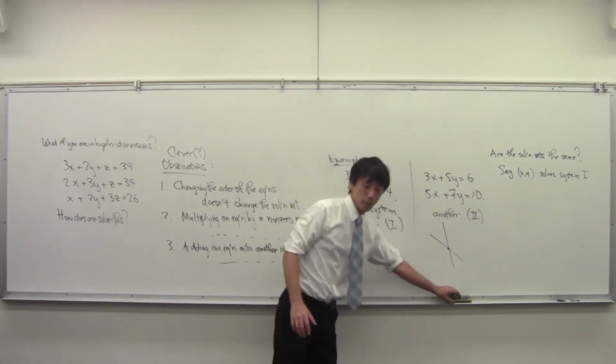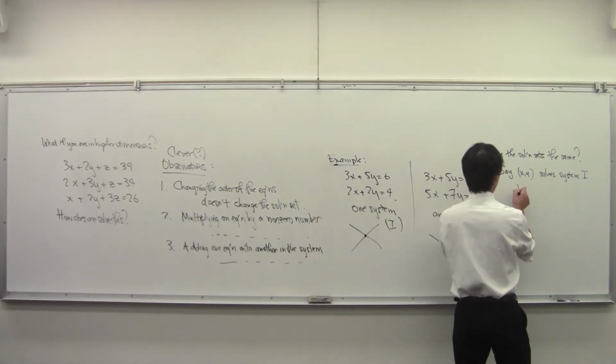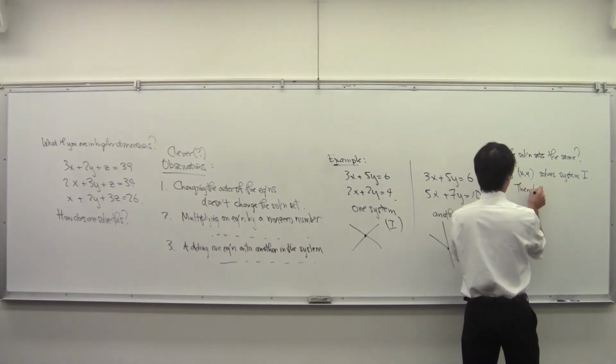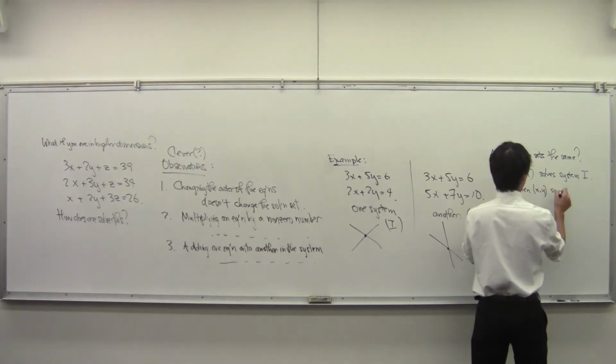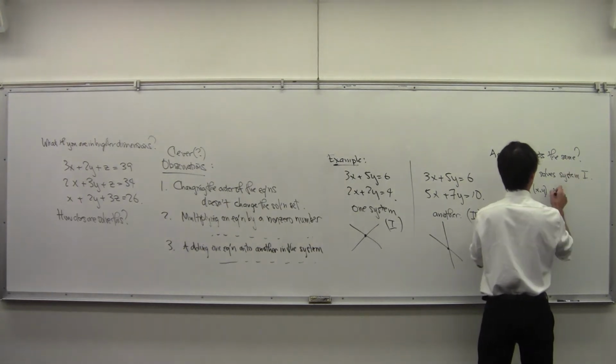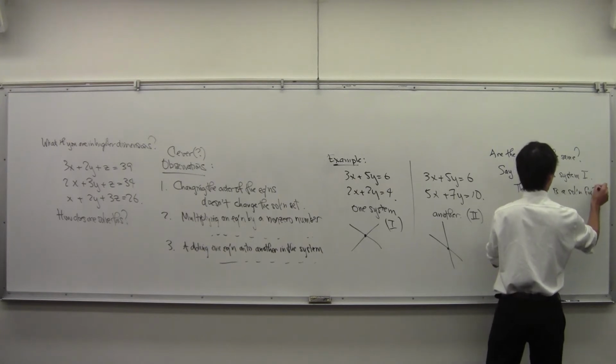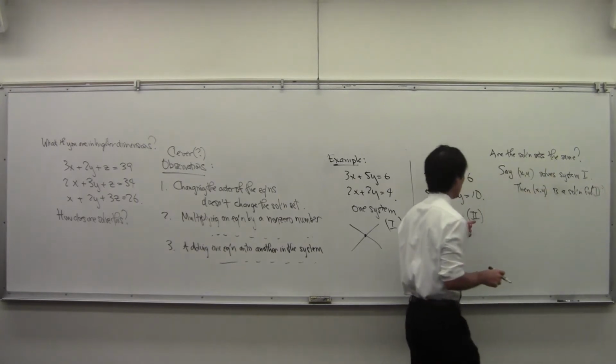Okay. So what we've seen is that x and y also is a solution for 2, right?